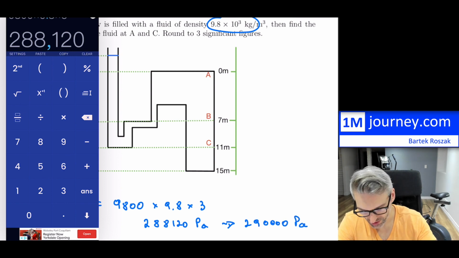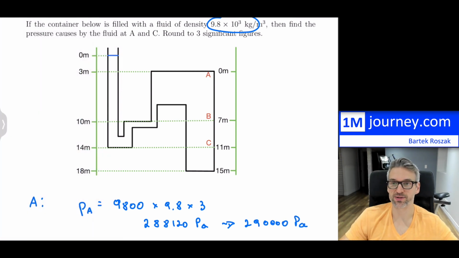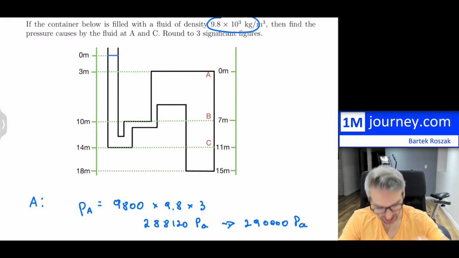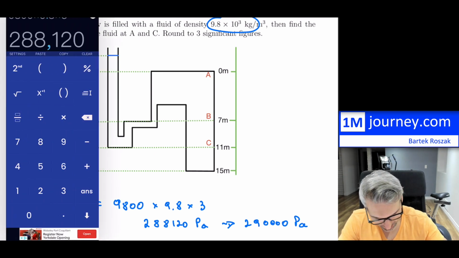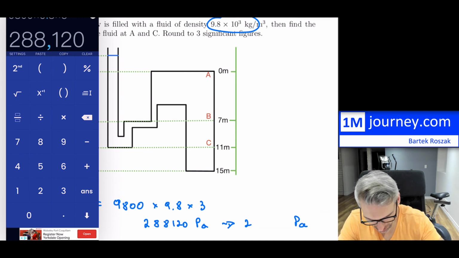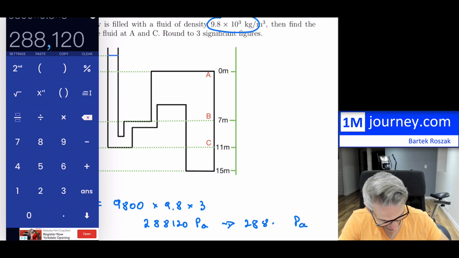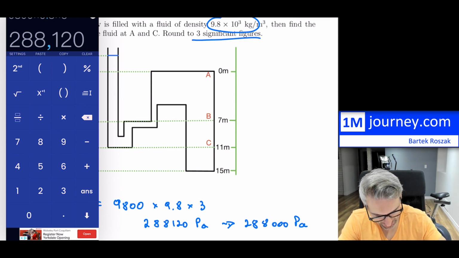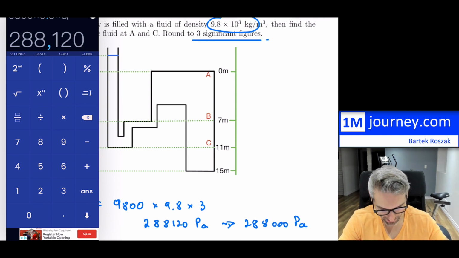I hope that you understand what that concept is. For part A, sorry, it says 3 significant figures within the question. So that's 288, so I should be careful there. So we have 288000. That's 3 sig figs. That's what's in the question.